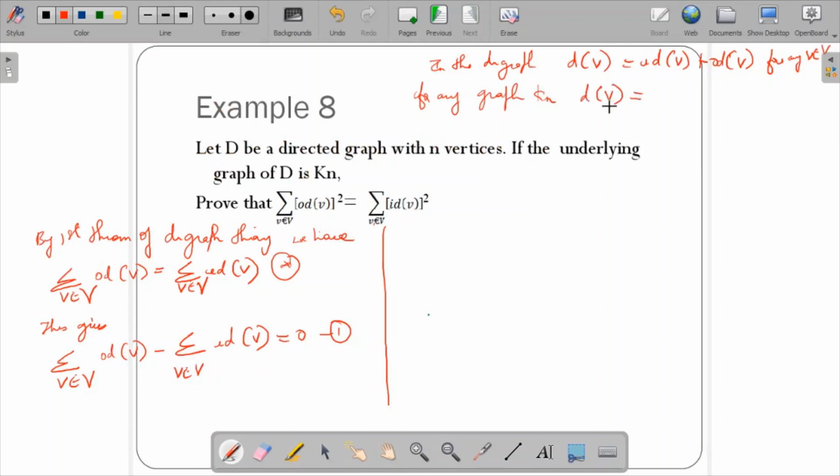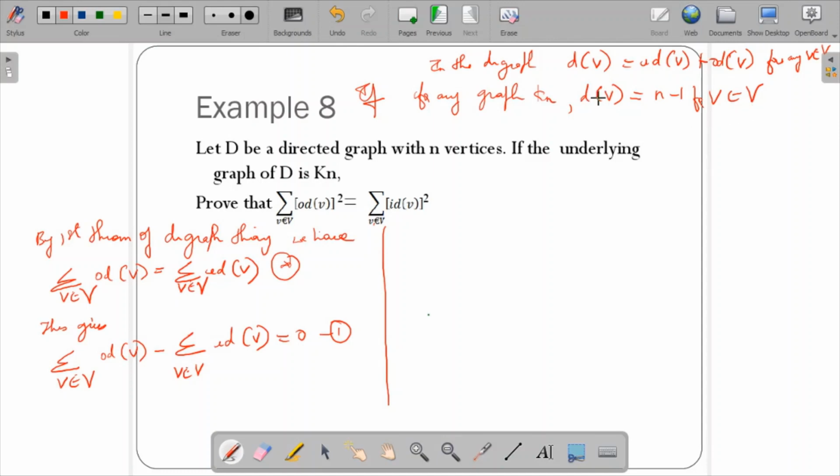It is always n minus 1, other than that vertex. So degree of vertex is n minus 1 for every v belonging to capital V, if the underlying graph is Kn. Therefore Kn is the underlying graph of the given digraph D.